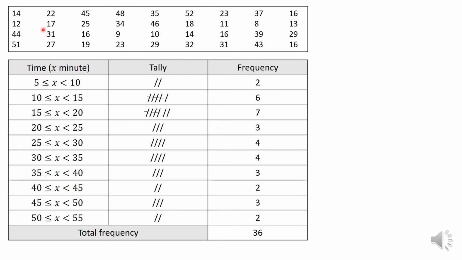Picking from my raw data, I found between 5 and 10 is 2, between 10 and 15 is 6, and so on. The tallies are helping me to find the values. Everything should add up to 36, so you must make sure you add your frequencies. If your frequencies don't add up to 36, because this is 9 times 4, then you have made a mistake somewhere with your data.